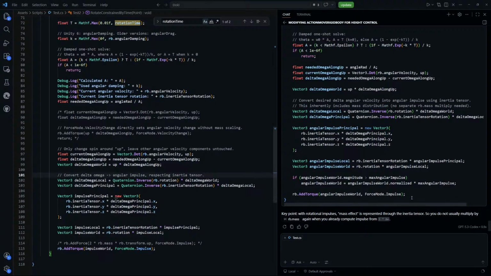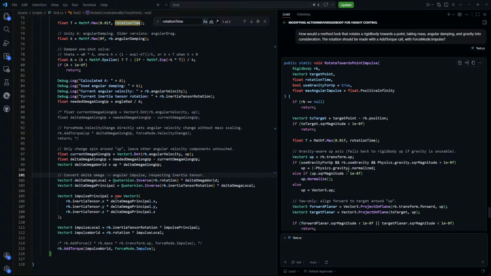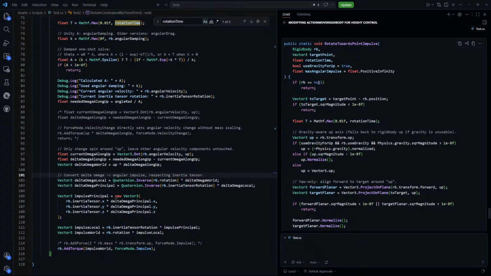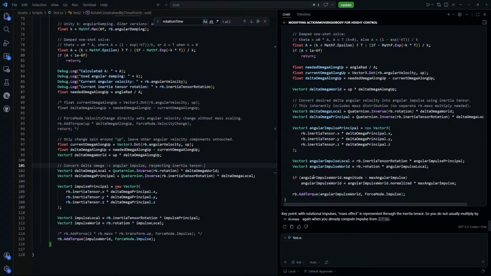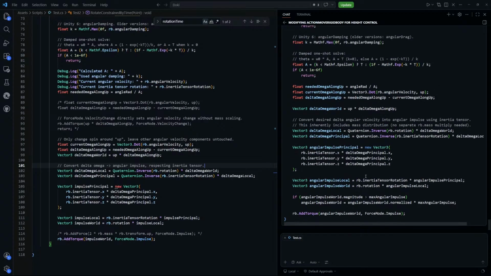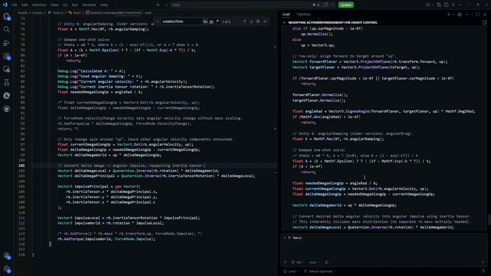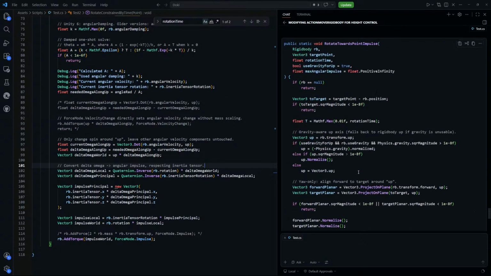Okay, let's see what the difference is. First of all, let's do add torque, okay. We have T here. Still have rotation time.